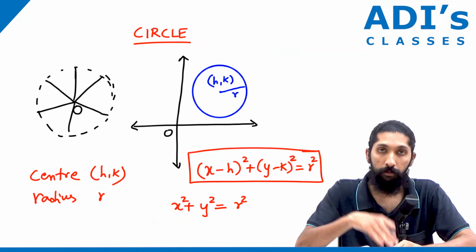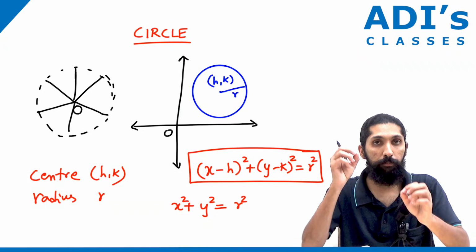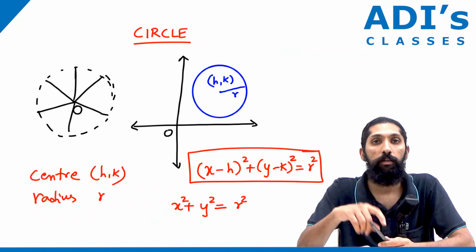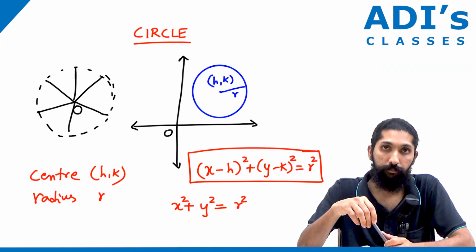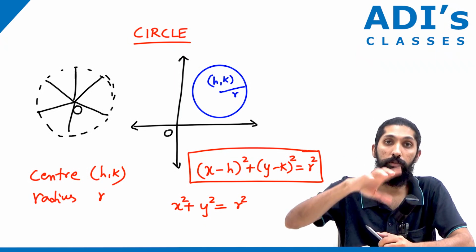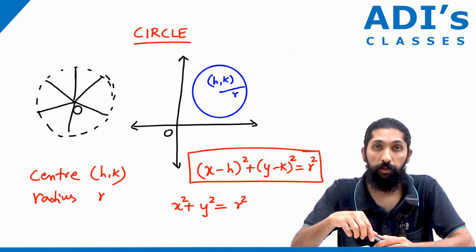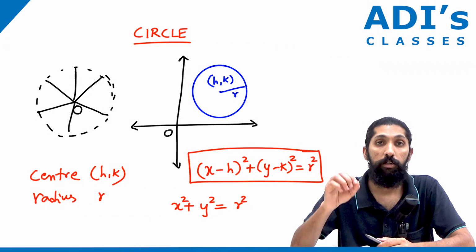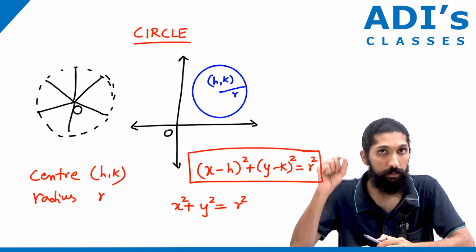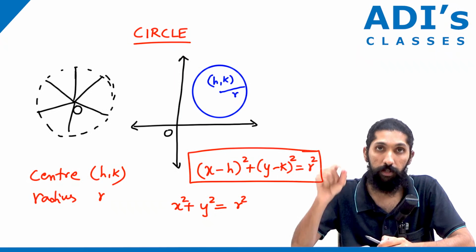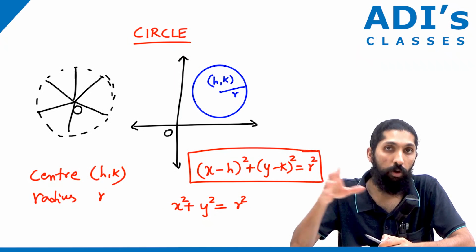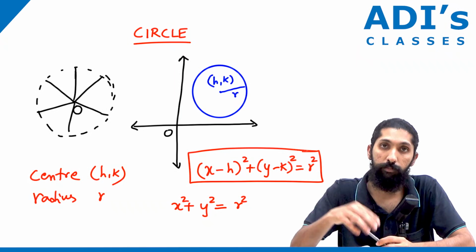Now suppose a question tells you that a circle is passing through, say, three different points, find the equation of the circle. Or suppose it says this is the center and this is the radius, find the equation of the circle. We can do all these types of problems from the next video onwards.